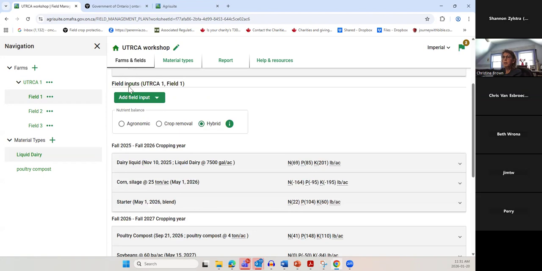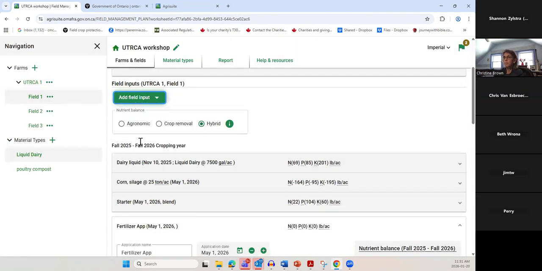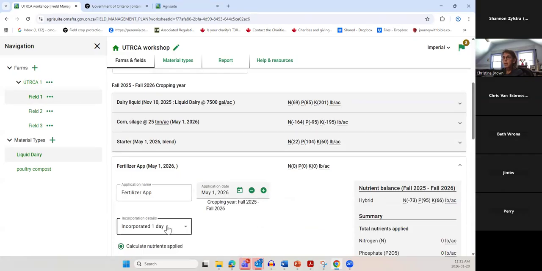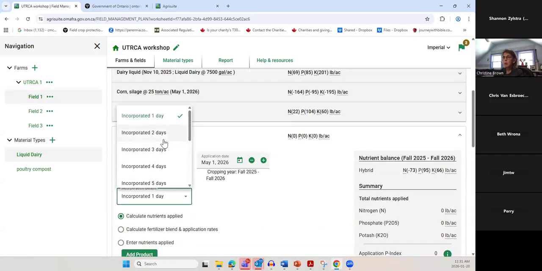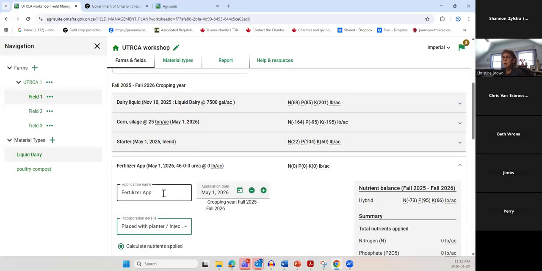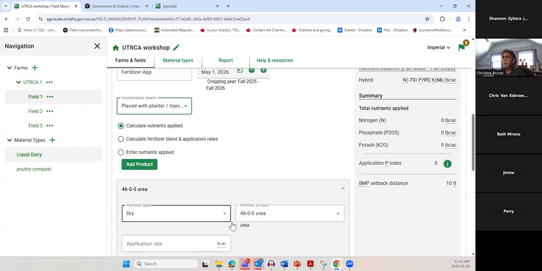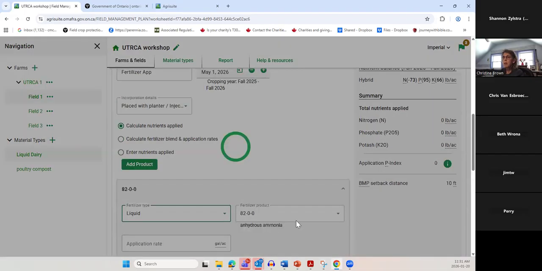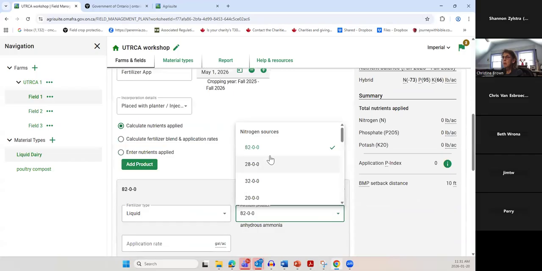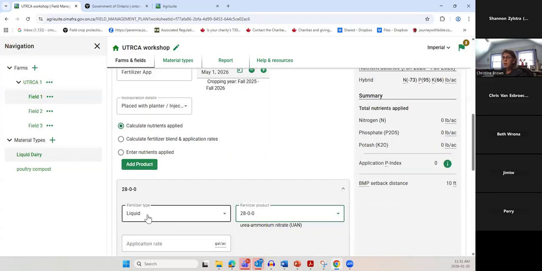So I want to add fertilizer. And in this case, there's different ways you can do this, but I'm going to have a liquid 28% knifed in.